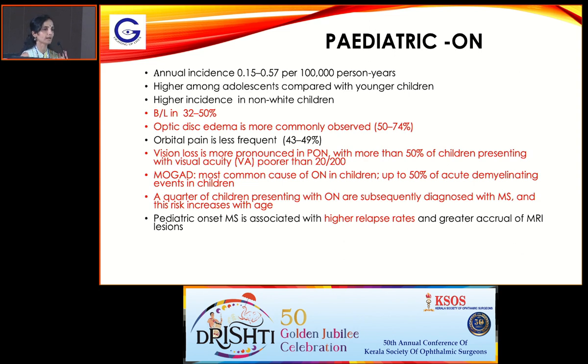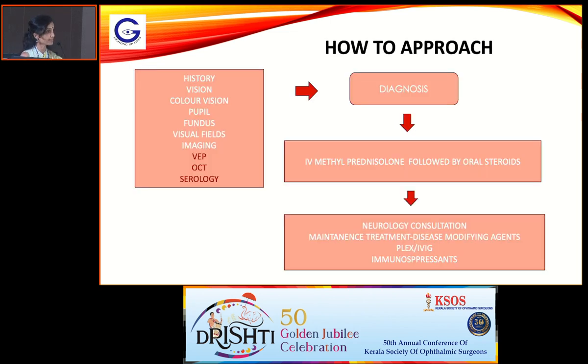We have more of papillitis-like presentation, more of bilateral presentations, and the vision loss is more pronounced in pediatric cases, with more than 50% of the children presenting with very poor vision at presentation. And MOG is supposed to be the most common cause. At least in India, we find that MOG is the most common cause of optic neuritis in children. And some of them may even progress to acute demyelinating events. They also have higher relapse rates, but they respond very well.